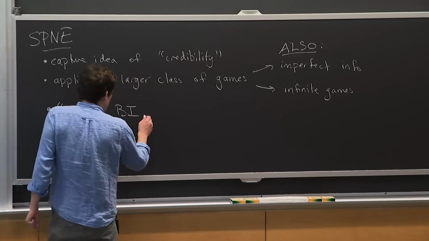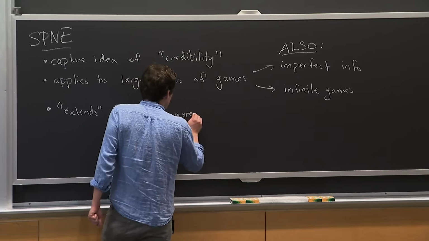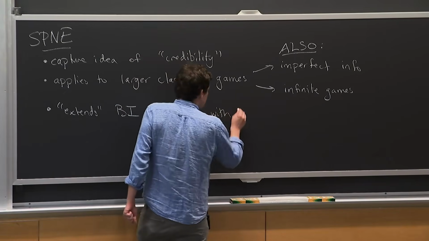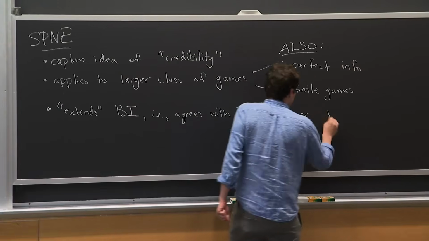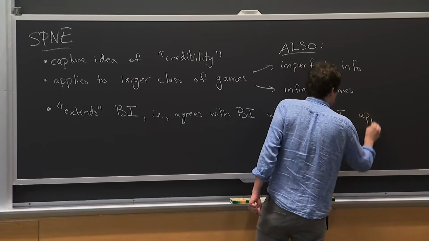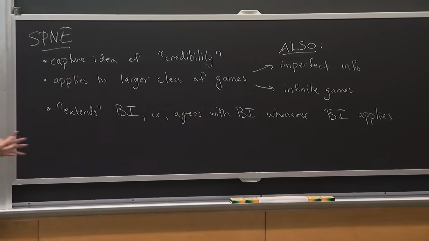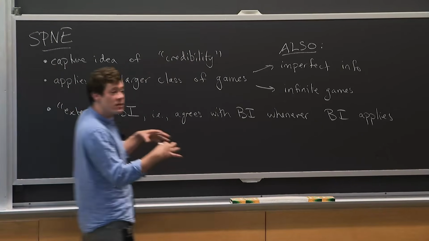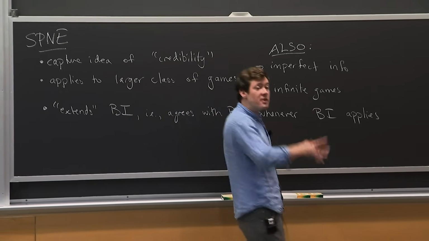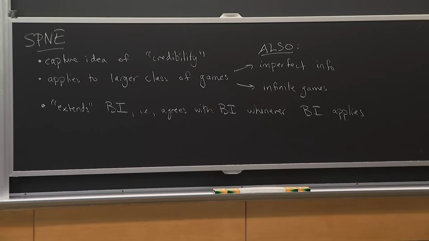So, i.e., it agrees with backward induction whenever backward induction applies. So we had this class of games where we could apply backward induction. Subgame-perfect Nash equilibrium is going to give us the same answers on those nice games, but it's also going to give us a compelling answer in other games beyond that class. And that's what we're hoping to do today.